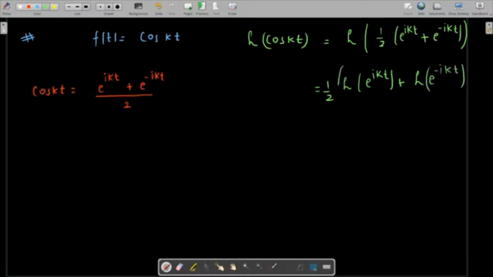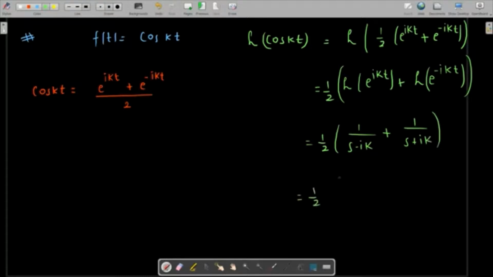So that's what we studied over there. Now we can use the direct formula, as in what is the Laplace of e raised to at. That's going to be just 1 over s minus ik plus 1 over s plus ik.